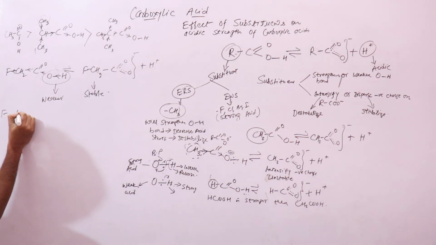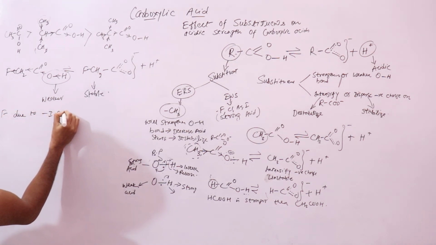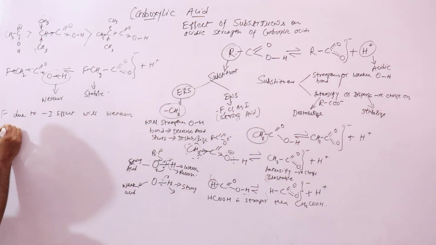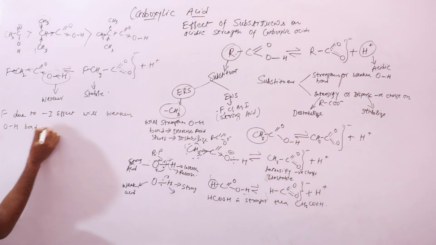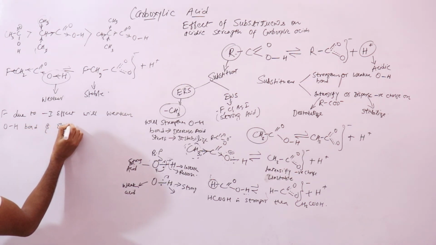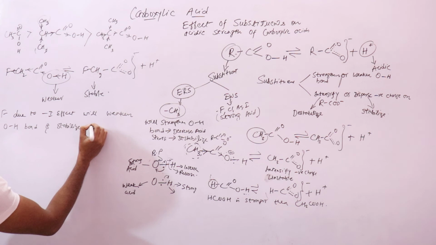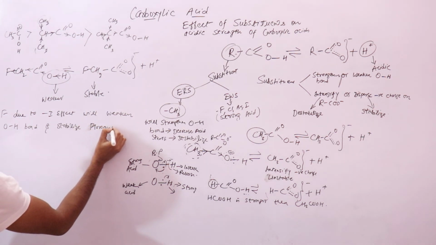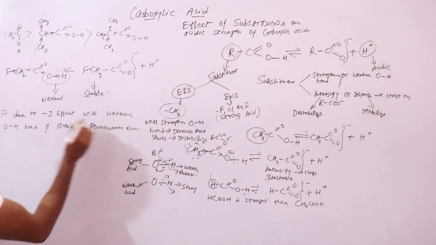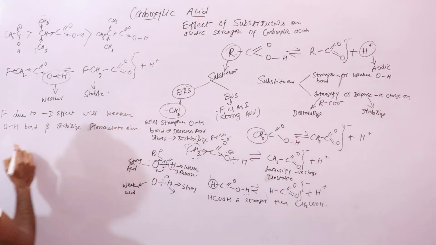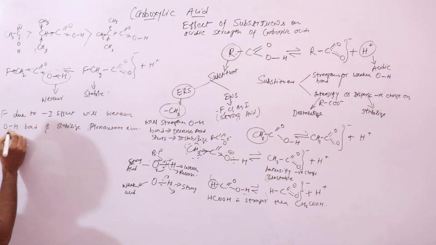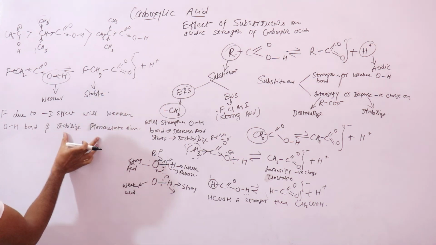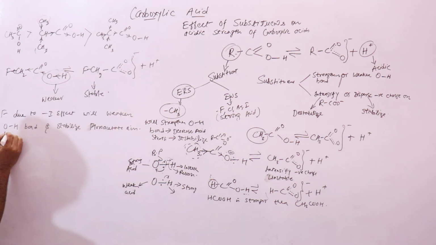So fluorine, due to minus I effect, will weaken the OH bond and stabilize this fluoroacetate ion by dispersing the negative charge.